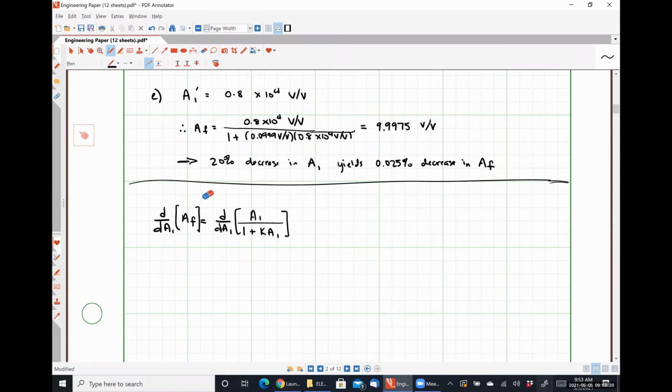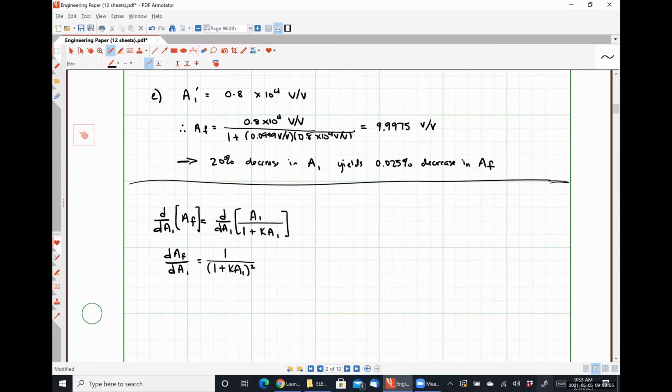So if I perform this derivative, I get that the derivative of my closed loop gain with respect to my open loop gain is equal to 1 divided by (1 plus KA1) squared. Okay. What I'm going to do now is a little bit more mathematical manipulation so we can develop a percent change relationship on both sides.